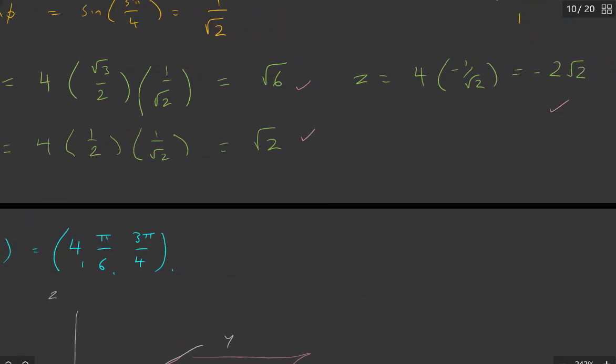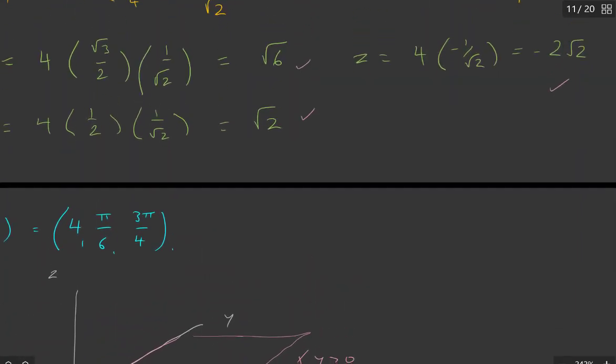So that looks good. So let's stop there and say we've got our x, y, and z values, root 6, root 2, and minus 2 root 2. Those are the Cartesian coordinates of the point P. All right, that's it. Thanks a lot.